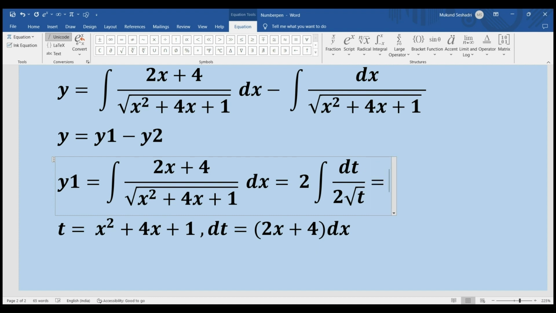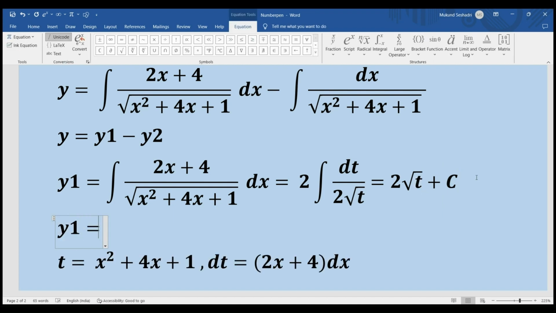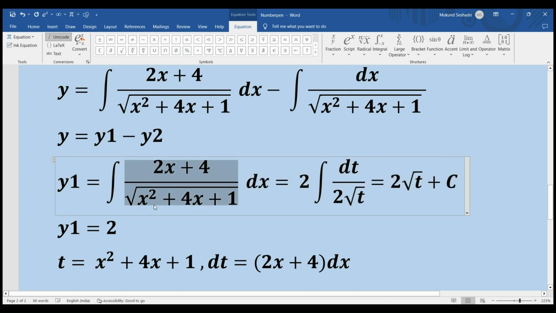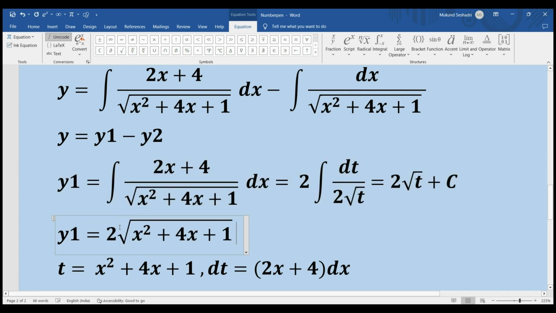So the answer to this is 2 times square root of t, and then I go ahead and replace my t to express my final answer in terms of x. And when I do that, what do I get? Y1 equals 2 times my square root of x square plus 4x plus 1, right? And then I have my constant c. So this is my y1, right?